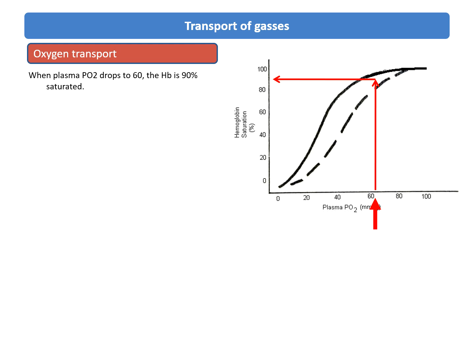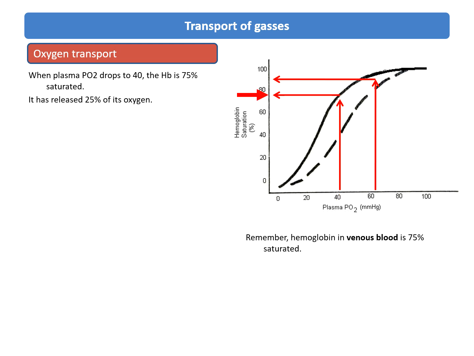When the PO2 drops to 60, the hemoglobin is still 90% saturated. It's released 10% of its oxygen. But when the PO2 drops to 40, the hemoglobin is 75% saturated. It's released 25% of its oxygen.